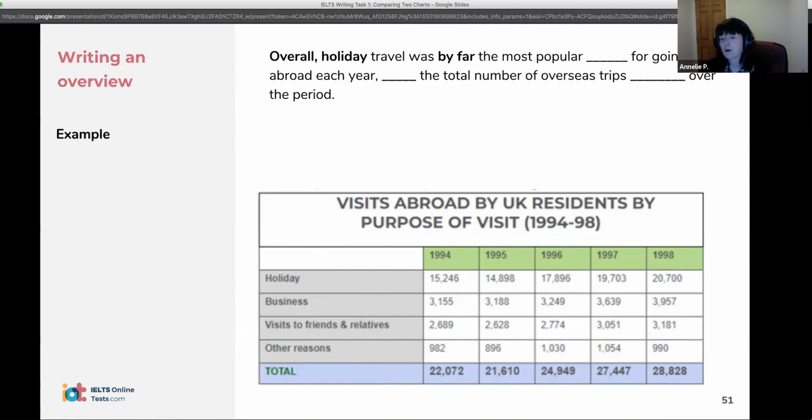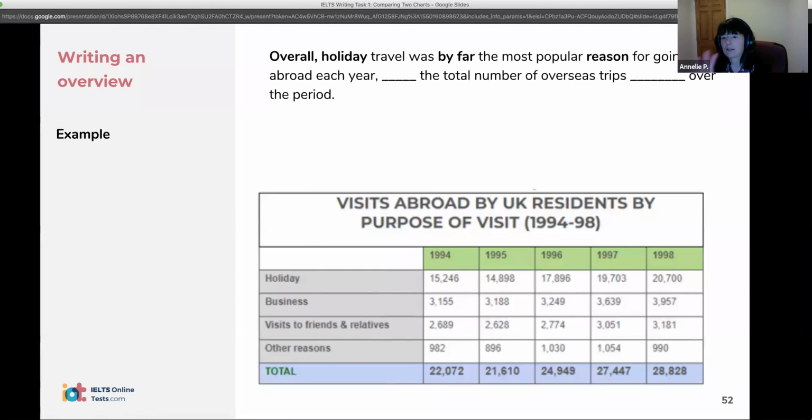And by far the most popular, what? It's not really the destination, think about the reason, the purpose for going abroad. Okay, very good. Each year.